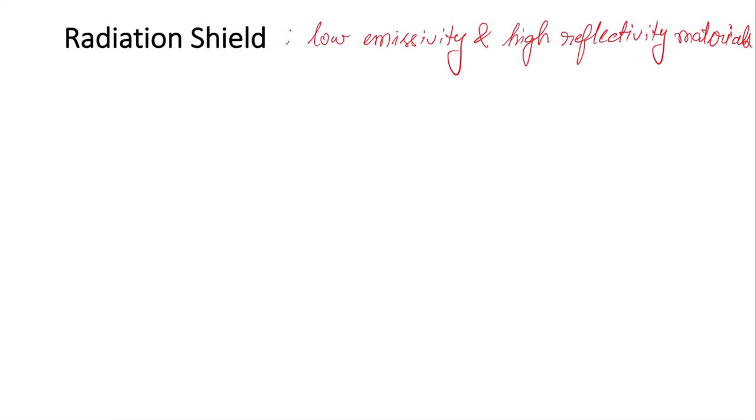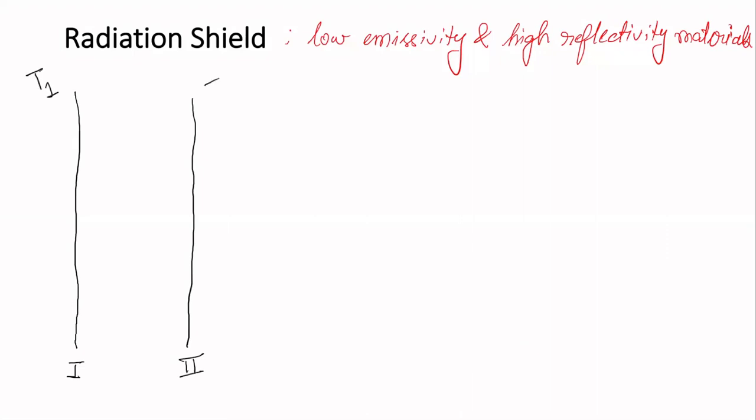So how do they work? Let's take an example. I have a long flat plate 1 over here, and I have another long flat plate 2 over here. This plate is at temperature T1, this plate is at temperature T2.